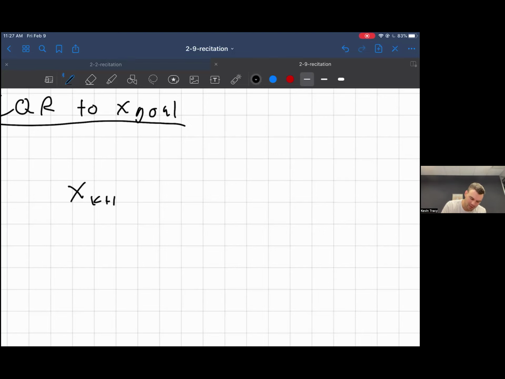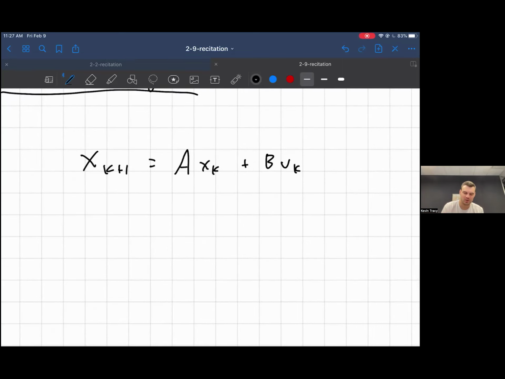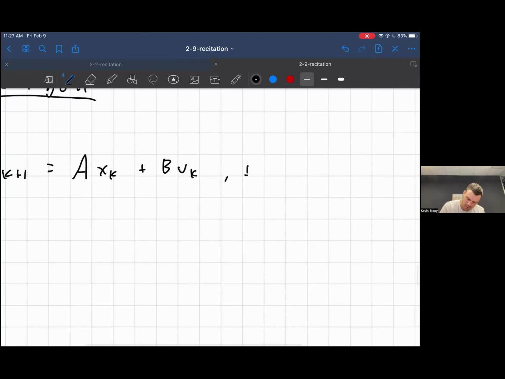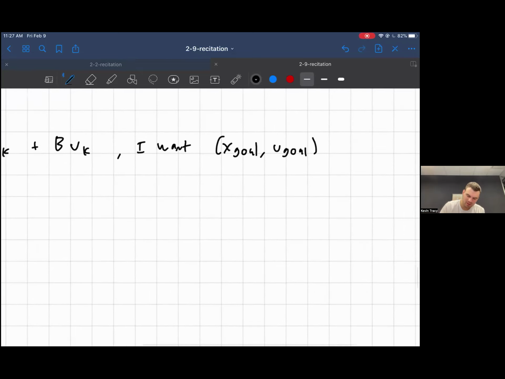So again, if we have x_{k+1} = A x_k + B u_k, now let's assume I have some set goal control I want to move to. So I want to drive my system to be x goal, u goal. And what does this mean?